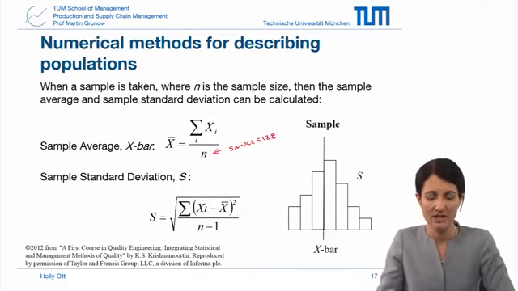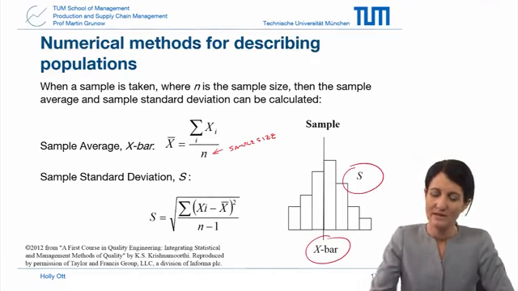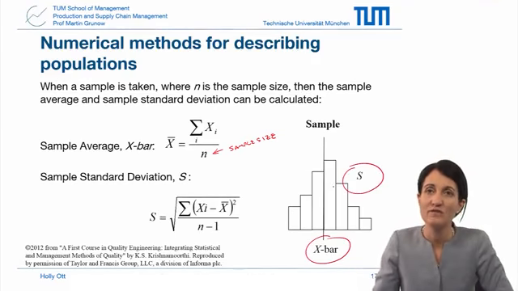The sample standard deviation, or s, is the square root of the sum of the squared differences of all the observations in the sample divided by n minus 1. And again, these two give us a measure for the variability and the center point of our sample data.